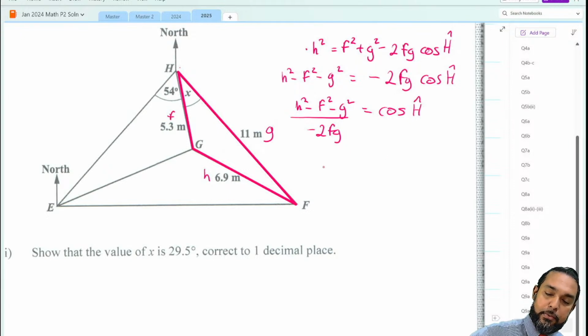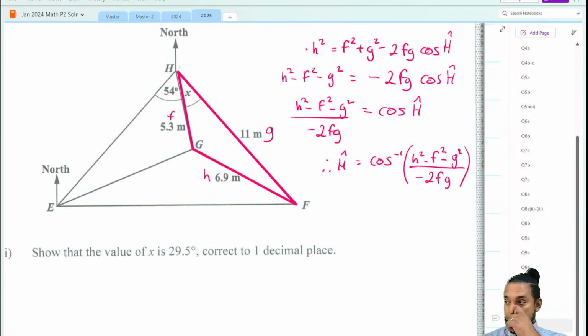So therefore, you could say h is equal to the cos inverse of h squared minus f squared minus g squared all over minus 2fg. Now, don't try to plug the whole thing into your calculator unless you know how. What I would suggest you do, work out your numerator, work out your denominator, plug it in, and then after that, plug that answer back into the cos inverse.